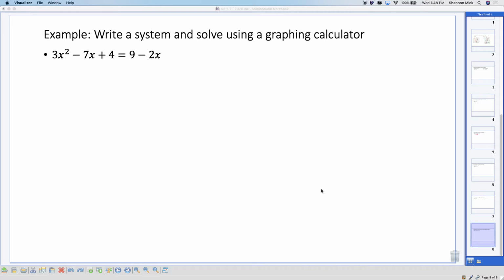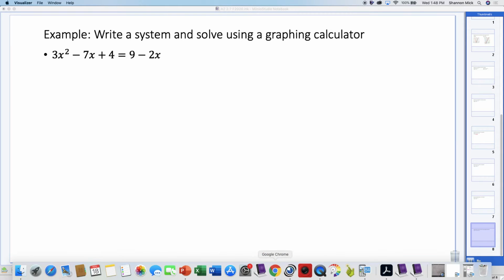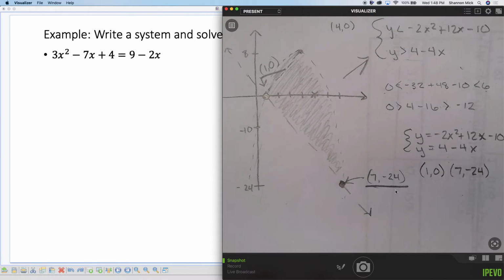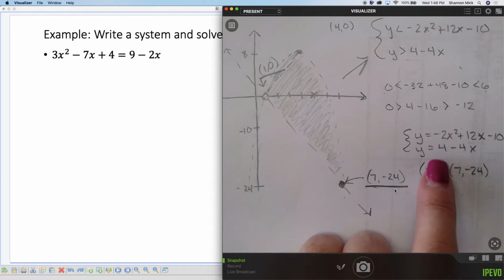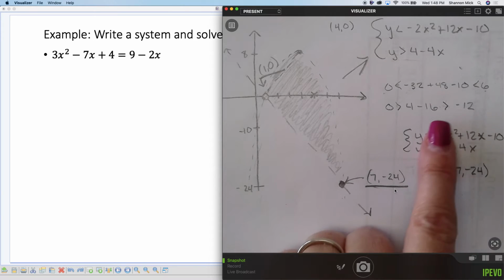Because I can't put that in my calculator, can I? My calculator has to be what? Y equals. So if I had a problem, which we just had, I'll bring it back up. I had this, right? And right here I had y equals and y equals. I put those in my calculator and it's all good, right? If I didn't have a calculator, how would I solve this?